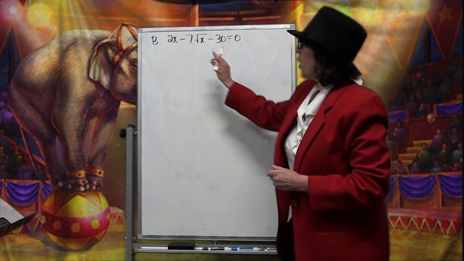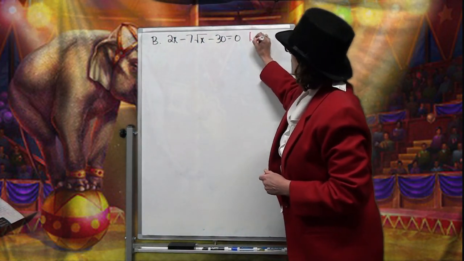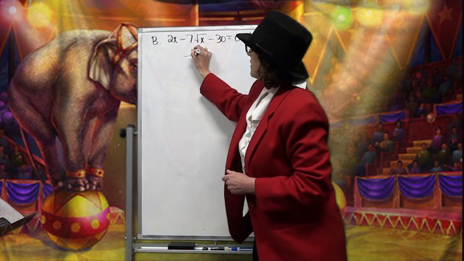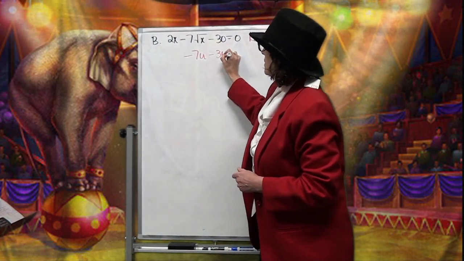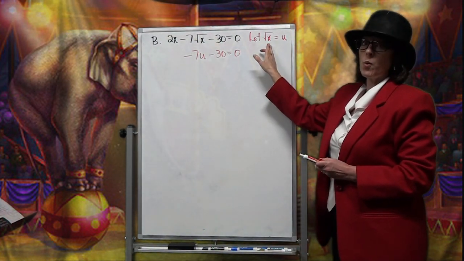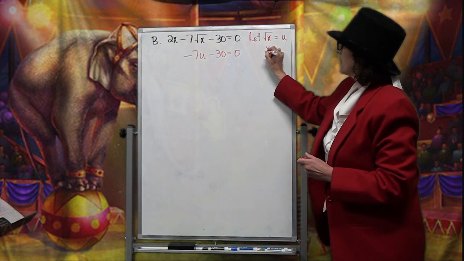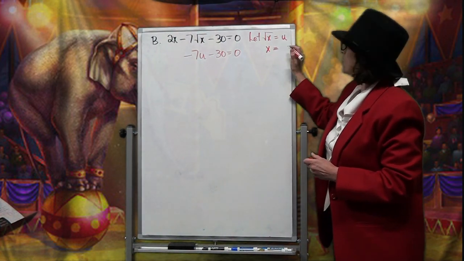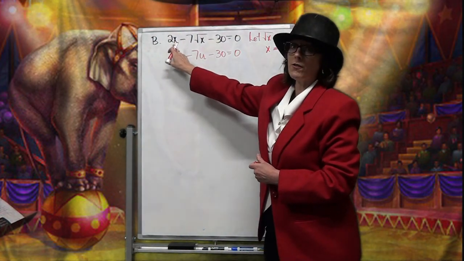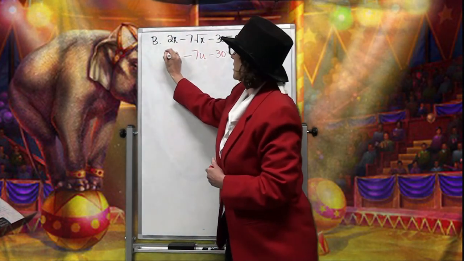Because what if I called this square root of x a u? So I would have negative 7u. But notice that if I square the square root of x, I get an x. And if I square the u, I get a u squared. So that means I can substitute right here for this x, and I can put a u squared in there.